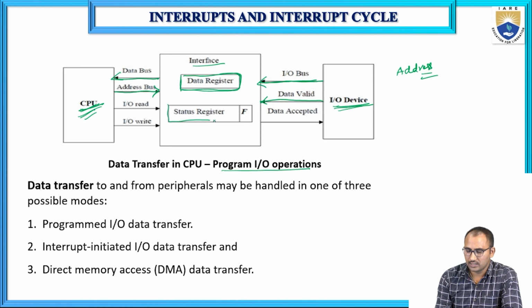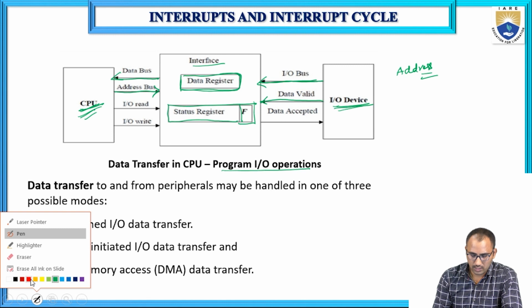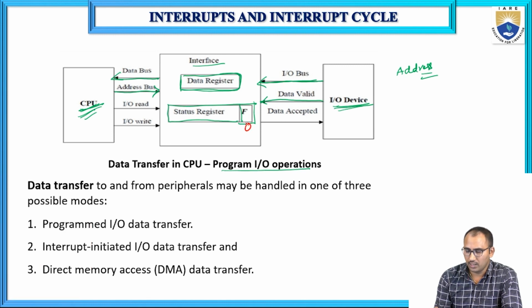And this is a status register, and one flag is there, F. Initially the flag will be 0. Whenever the data is loaded into the data register, the flag becomes 1.